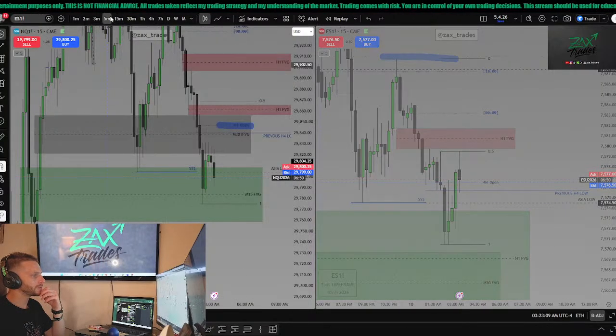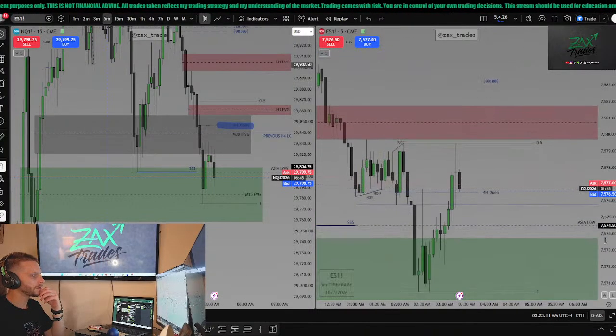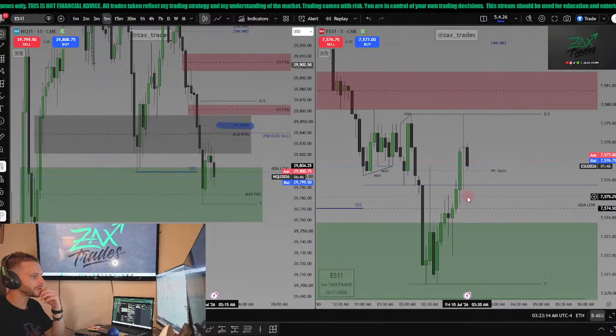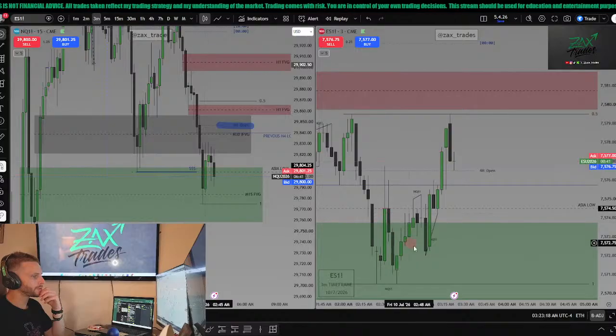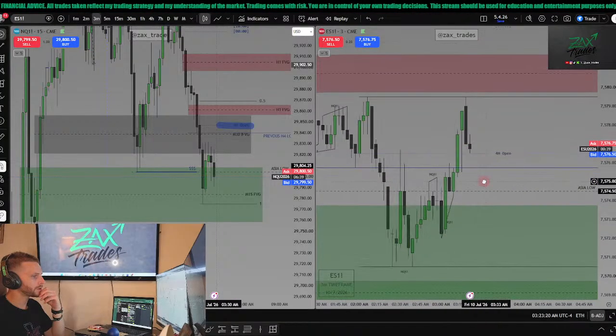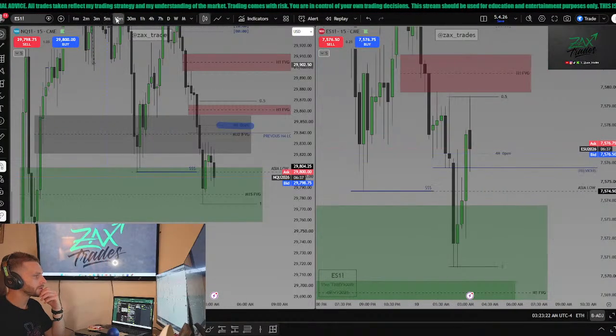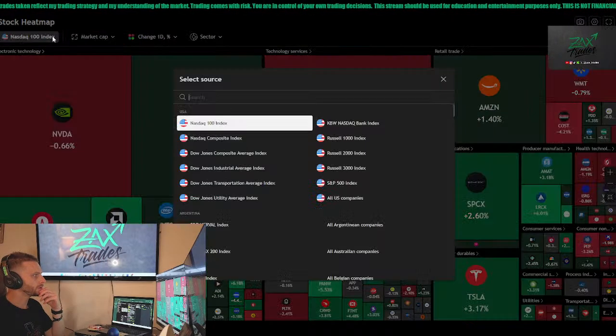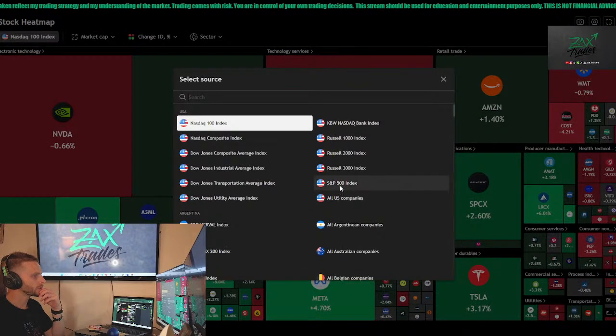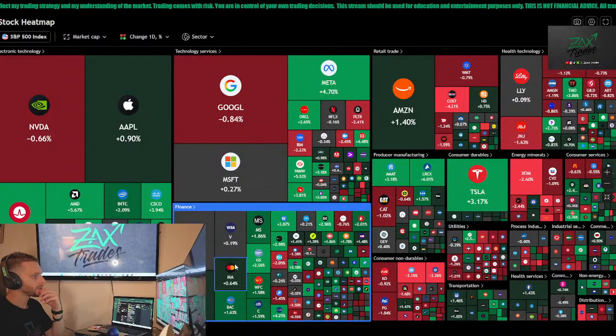I was trying to see if ES had anything that it wanted to pull back into. But honestly, it's not very pretty price action in there. See how we closed yesterday. S&P.